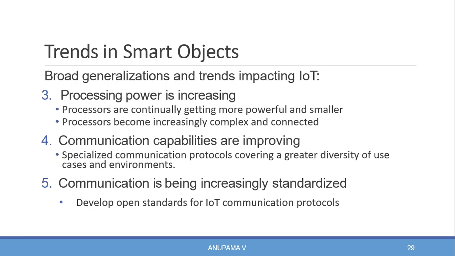That is, there is a strong push in the industry to develop open standards for IoT communication protocols. There are more and more open source efforts to advance IoT. These trends in IoT make the smart object a more sophisticated device that can perform increasingly complex tasks with greater efficiency.